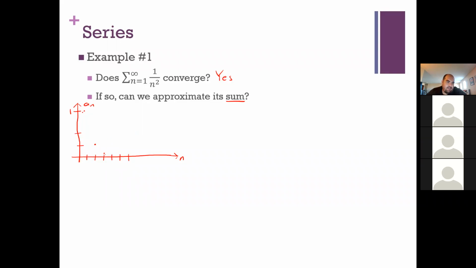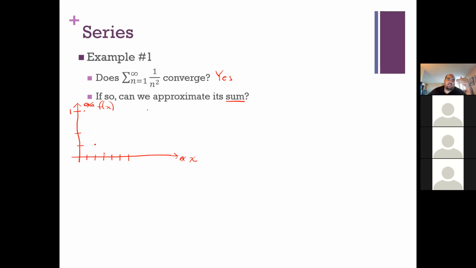So if I keep saying that these are not continuous functions, they are only defined on integers, but what if we replace this with something that is defined everywhere? So defined on all real numbers, and specifically from 1 onwards.